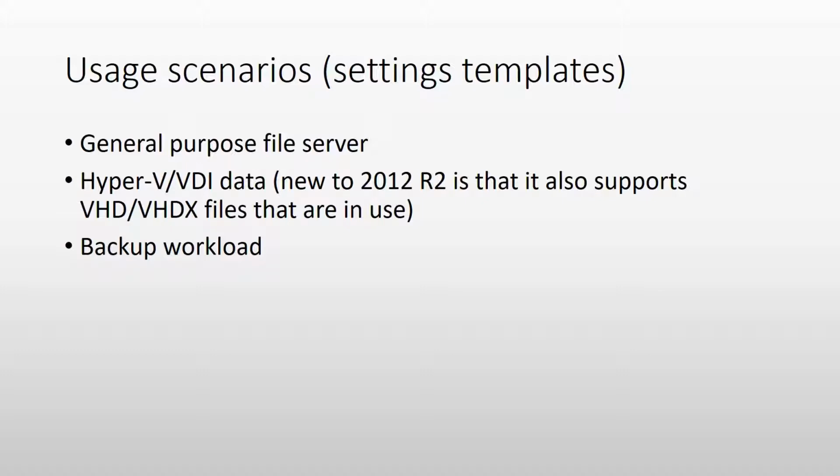In 2012 you could only deduplicate offline VHD or VHDX files, so for example, files stored on a library server, but starting with R2 you can also deduplicate running hard disk files. So you can use it on VDI environments, for example. The third scenario might be backup servers, so backup workloads, which usually have a lot of files that are the same.